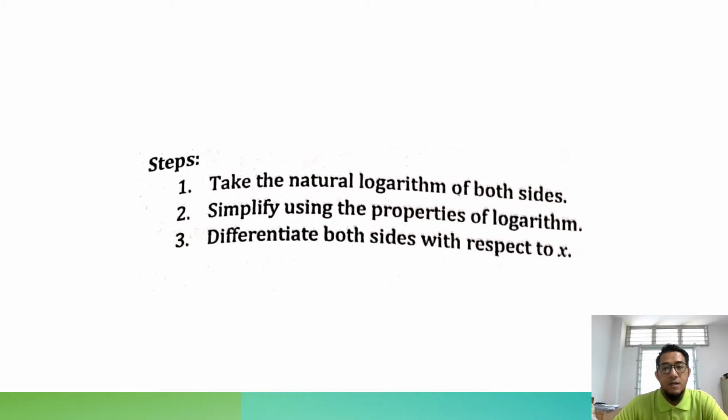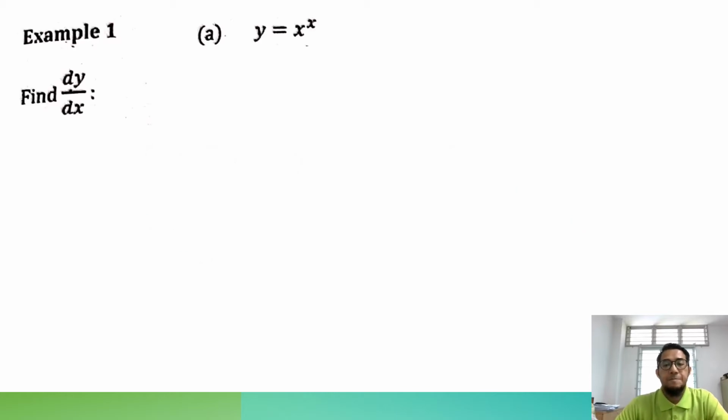Some of you may wonder when you want to use this logarithmic differentiation. Before this, you might have known how to differentiate, let's say, y equals x power 5.